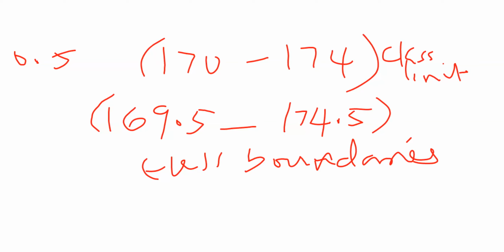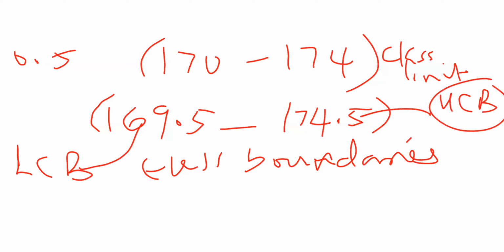And from all indication, this one is lower class boundary, abi? Lower class boundary. And this one is upper class boundary. So we must understand that, because you cannot find mode and median without the knowledge of class boundary.